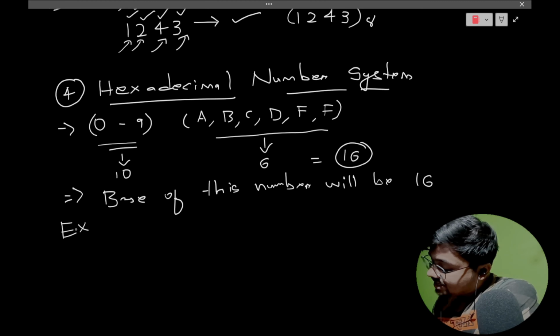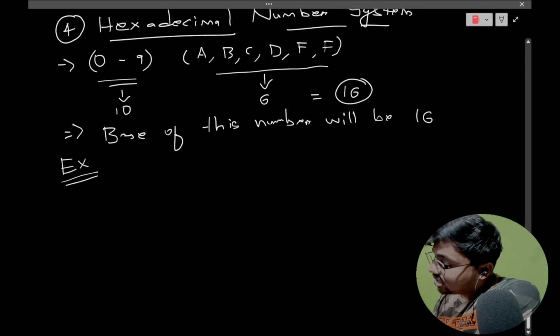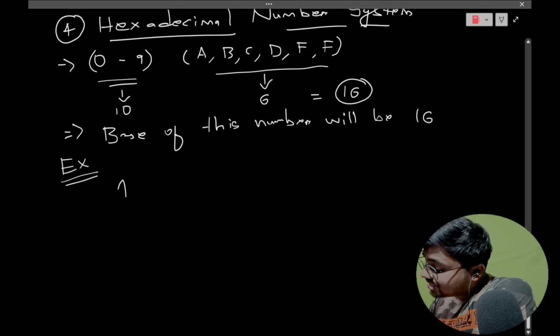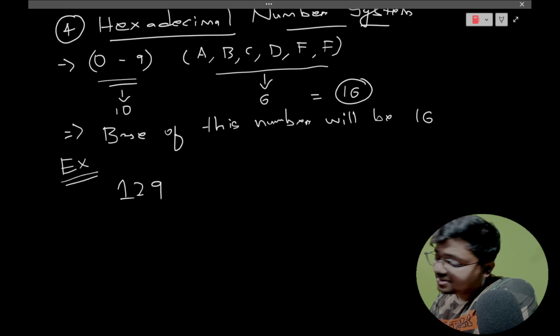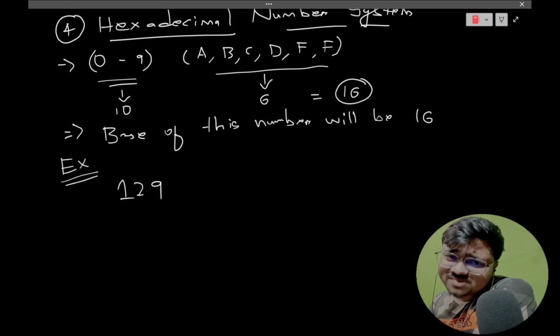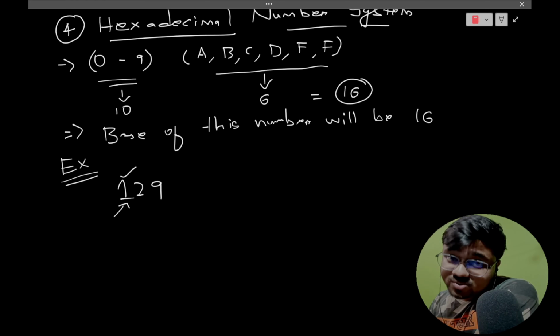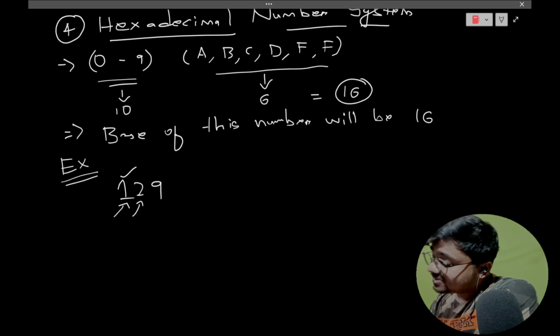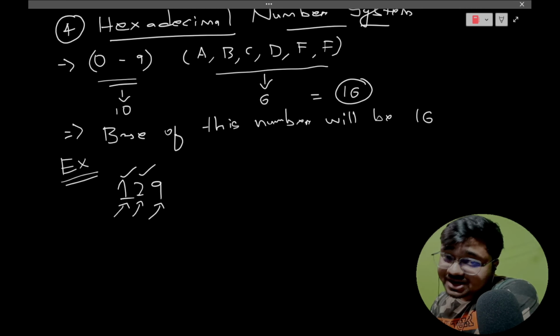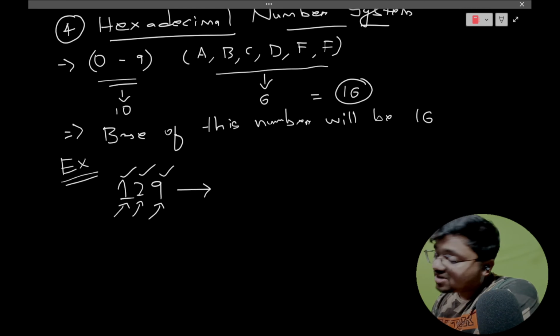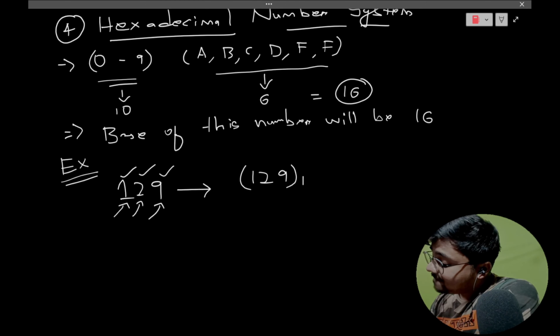Now you need to very carefully observe the examples of this particular number system. Let us take 1 2 9. Can this be a hexadecimal number system? Let us verify. Yes, 1 comes under 0 to 9 and A to F. 2 comes under 0 to 9 and A to F. 9 also comes under 0 to 9 and A to F. So this can be called a hexadecimal number, but it needs to be represented with base 16.